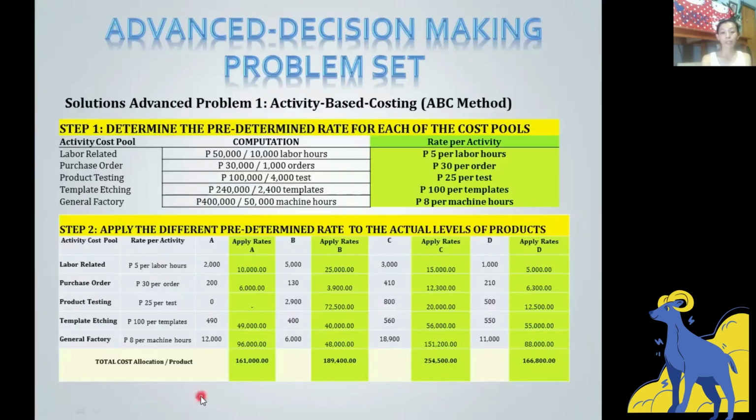in this one, all you need to do is to divide each of these allocations or costs by the number of products that is manufactured.